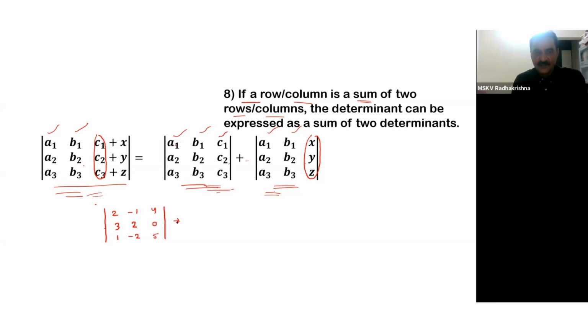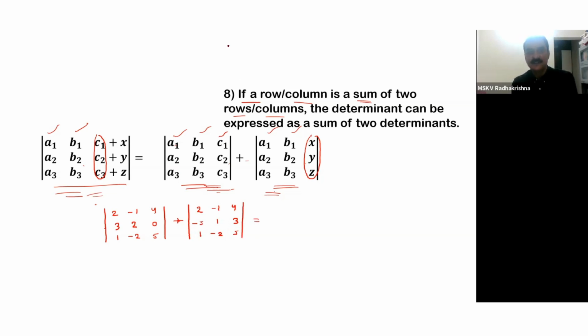I want to add one more determinant: 2, minus 1, 4; minus 5, 1, 3; 1, minus 2, 5. Now you tell, can you add these two determinants as a single determinant?